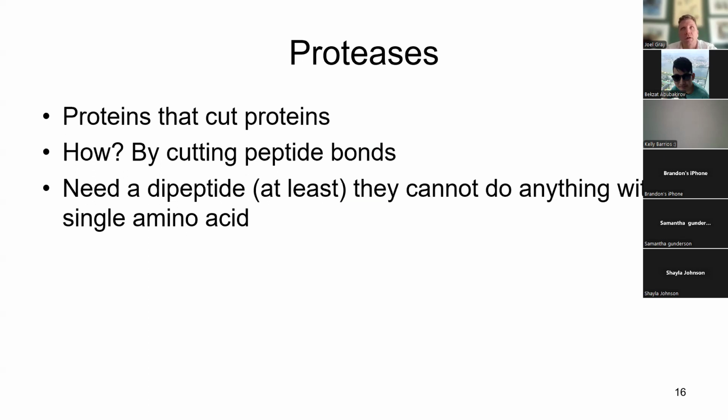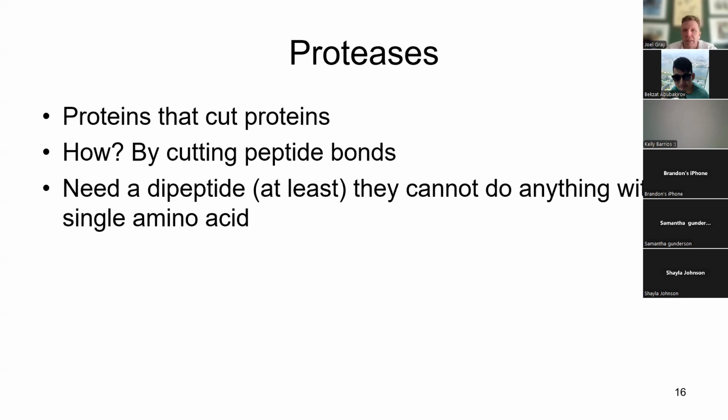Number one was oxidoreductases, 5 are isomerases, 6 are ligases, 4 are lyases. I think it's 3 that are hydrolases. So proteases fall under that category of hydrolases.